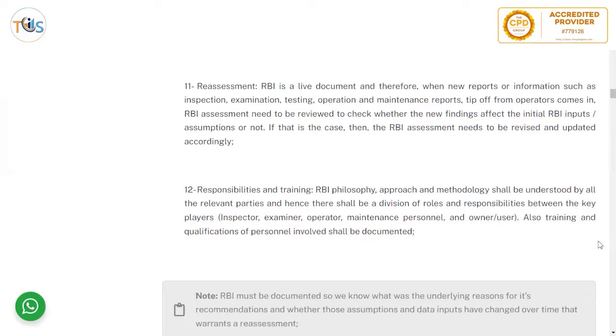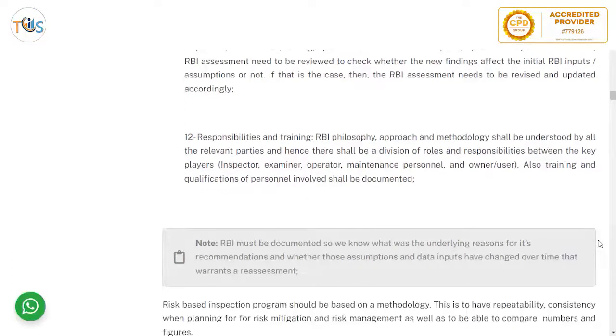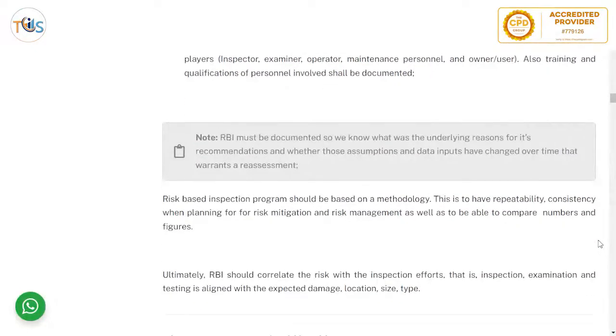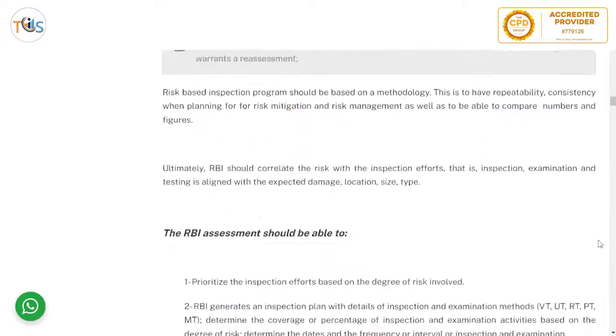Obviously, it all depends on what the risk is from the client's perspective. So everybody should know where they fit in the puzzle, and RBI must be documented so we know what was the underlying reason for its recommendation and whether those assumptions and data inputs have changed over time and warrant a reassessment.